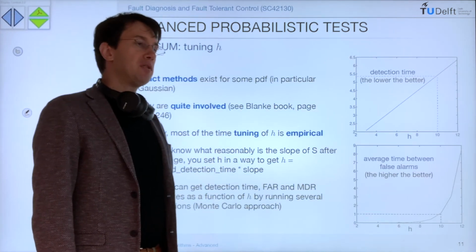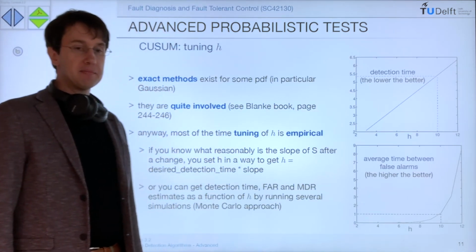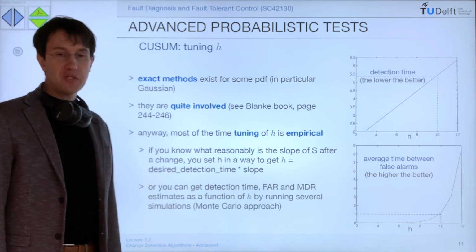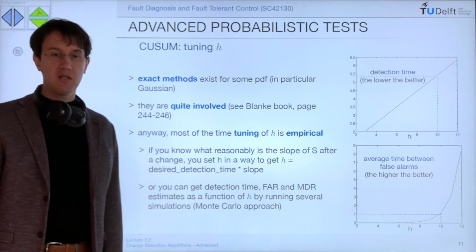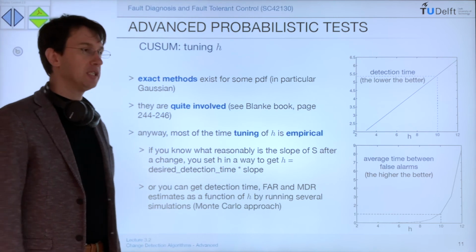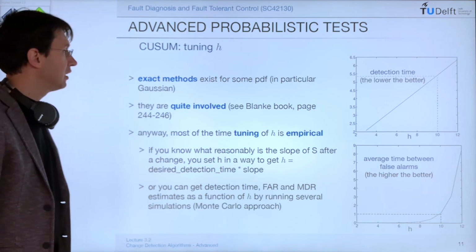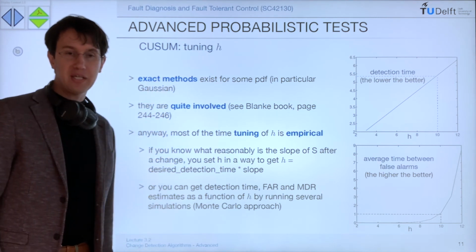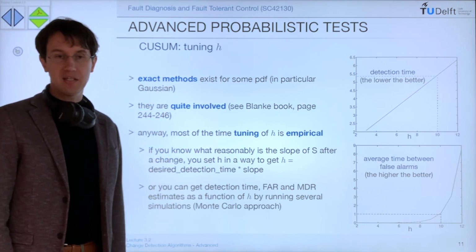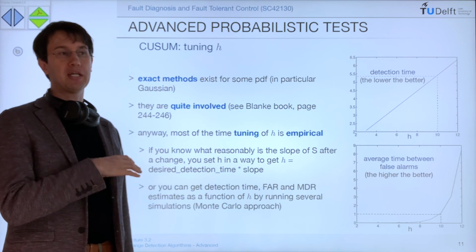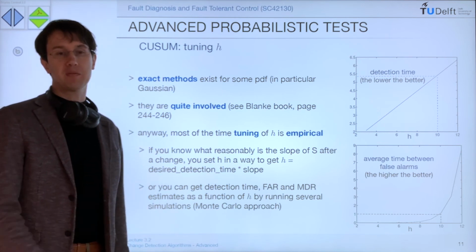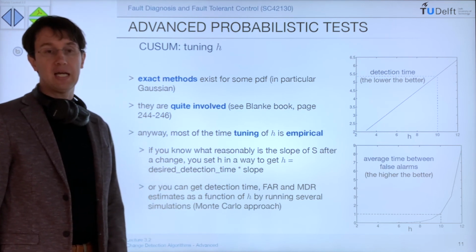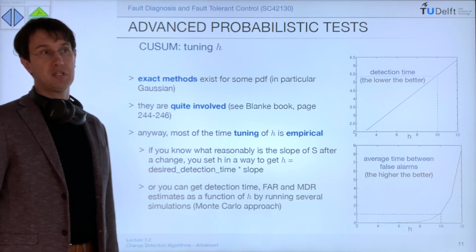The other thing that we need to tune is, we said, h. So how do we tune the threshold h over which the function g is compared? Well, if we have Gaussian variables, we can do it exactly. You have seen before in the example that we can write out closed form expression for the CUSUM in the case of Gaussian variables.